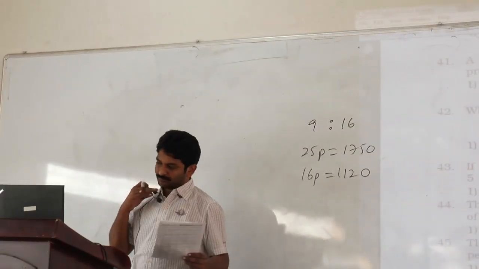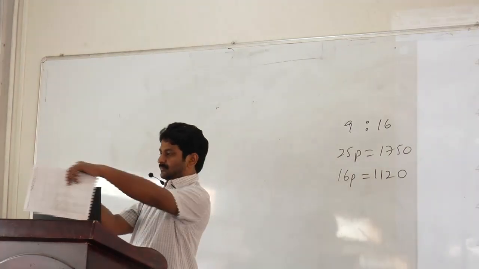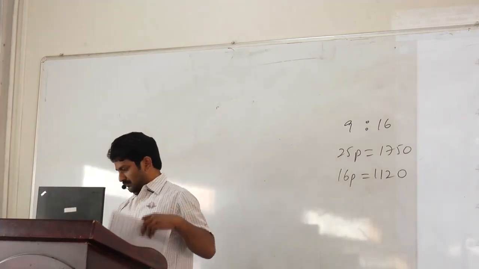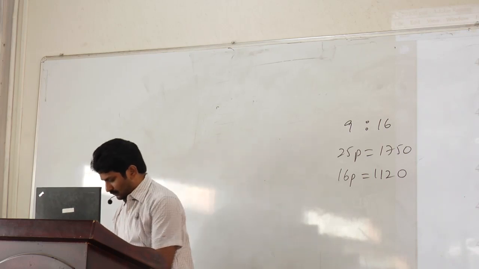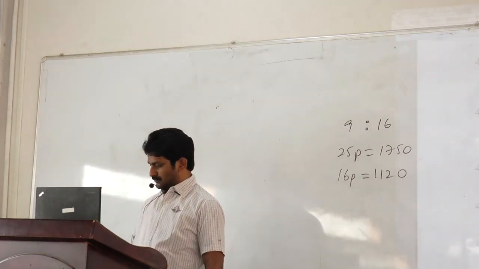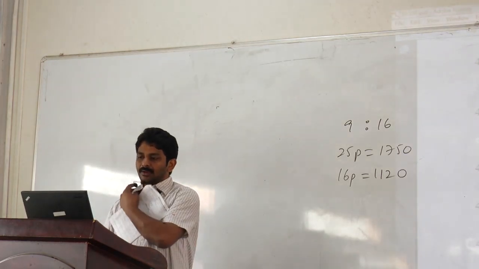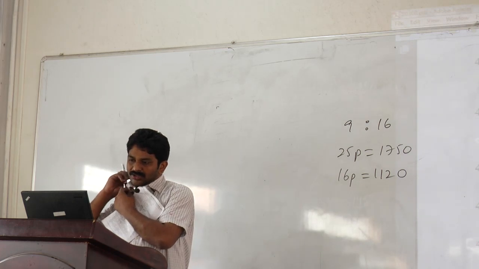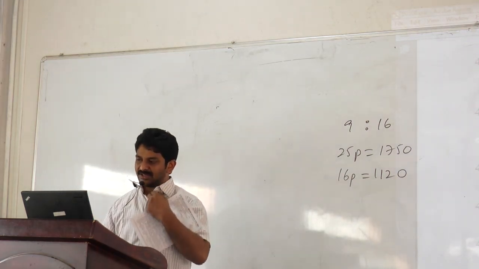Next, 43. The total cost of 30 tables and 54 glasses is 3,360.